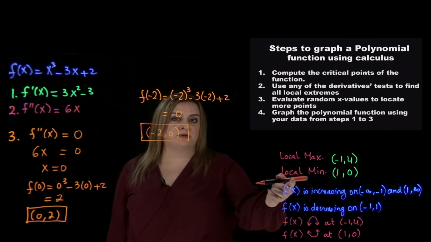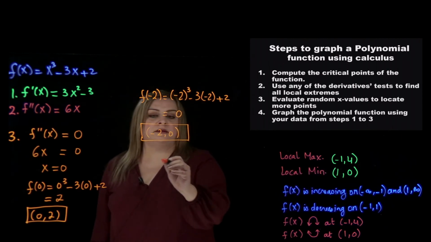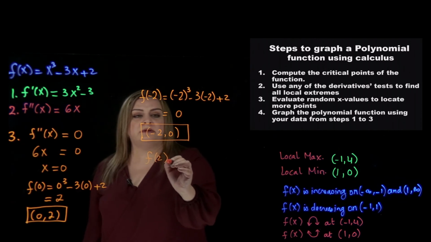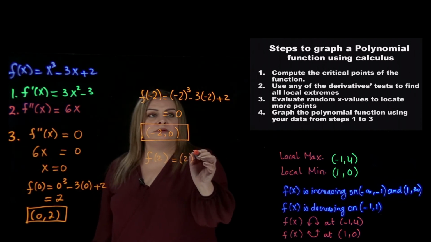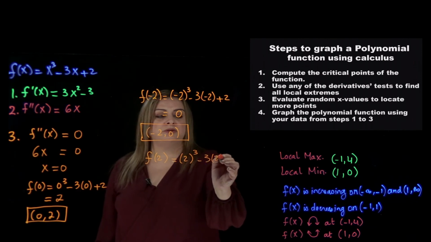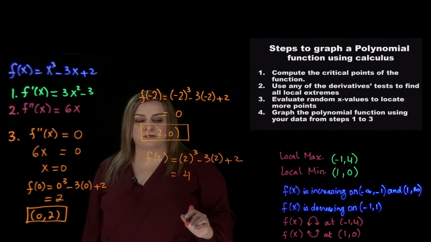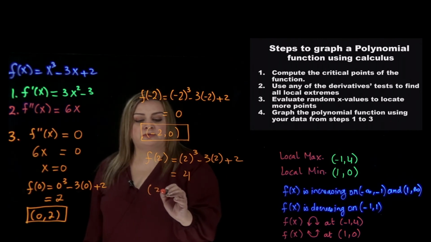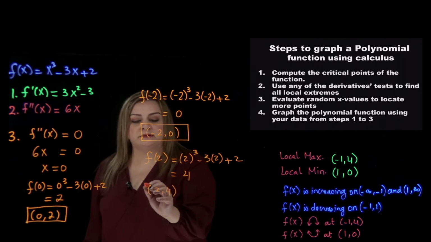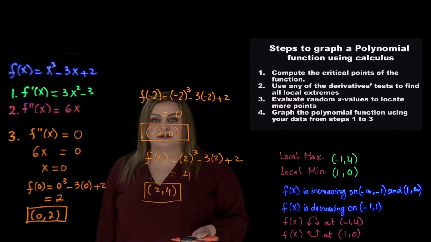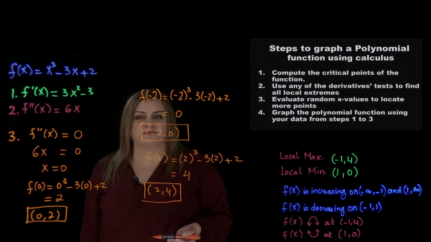Now for a point to the right of the local min, I can let x be 2, and evaluating f at 2, I will have 2 cubed minus 3 times 2 plus 2, and that should give me 4. Now the point (2, 4) is a third point. Now I have enough points to graph my function, and I'm done with step 3.